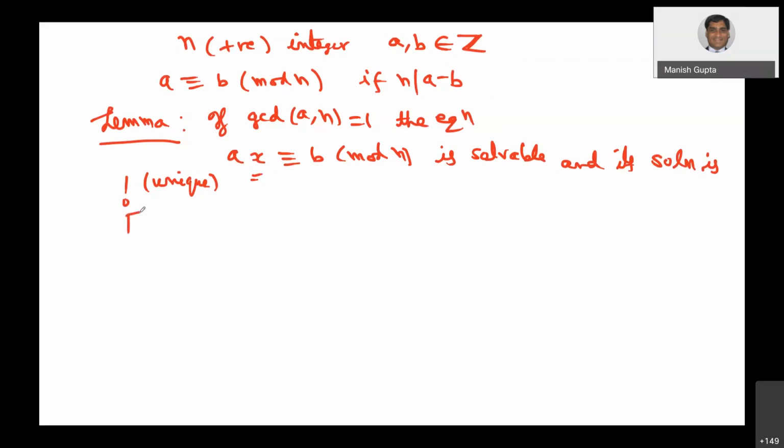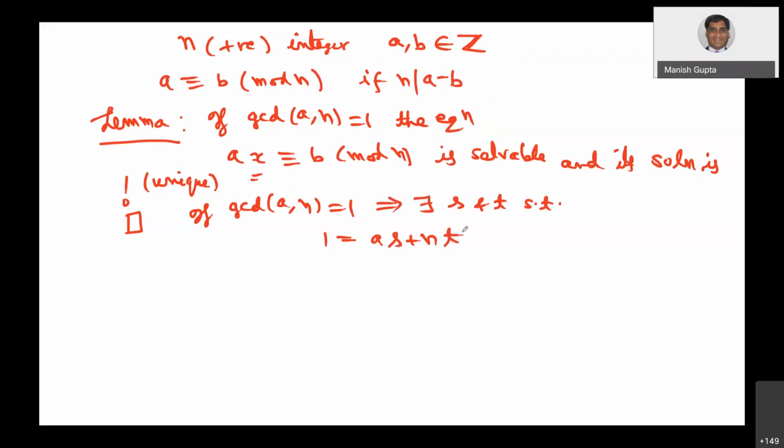And the proof is really simple, so I am going to give it. If GCD of a comma n is 1, then from the previous result there exist integers s and t such that 1 can be written as as plus nt.